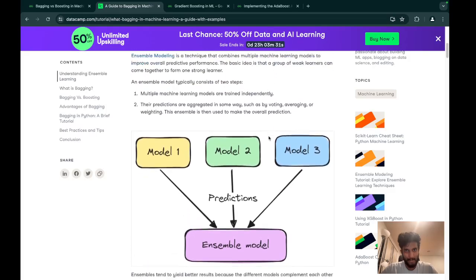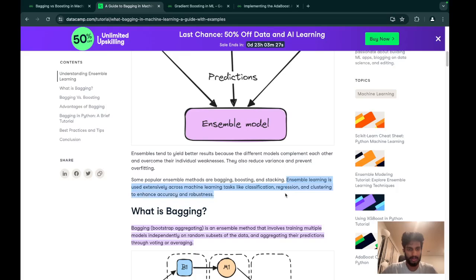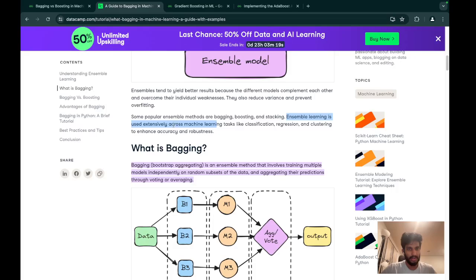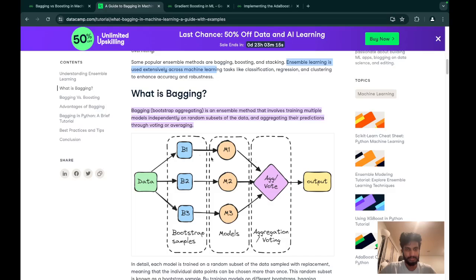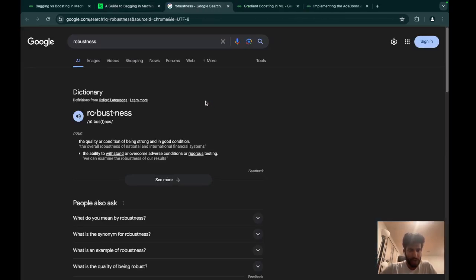Stacking? Where did that come from? Ensemble learning is used extensively across machine learning tasks like classification, regression, and clustering to enhance accuracy and robustness. A lot of words which I should know, but I just don't.